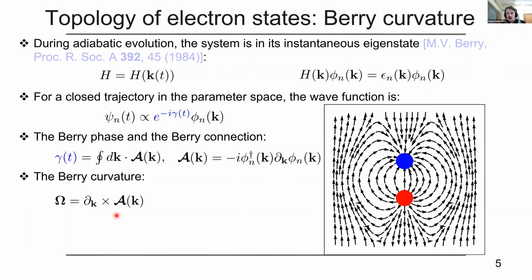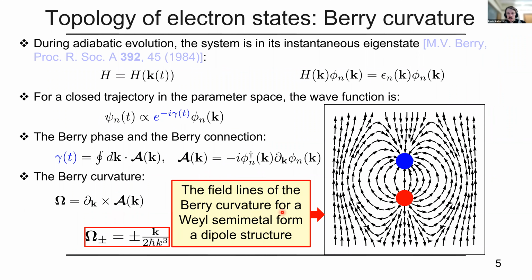And in the case of a simple Weyl metal with two Weyl nodes, it looks as follows. So Weyl nodes here are either sources or sinks of the Berry curvature. The total flux through the whole Brillouin zone, this box, is conserved, just essentially like an electric charge dipole.